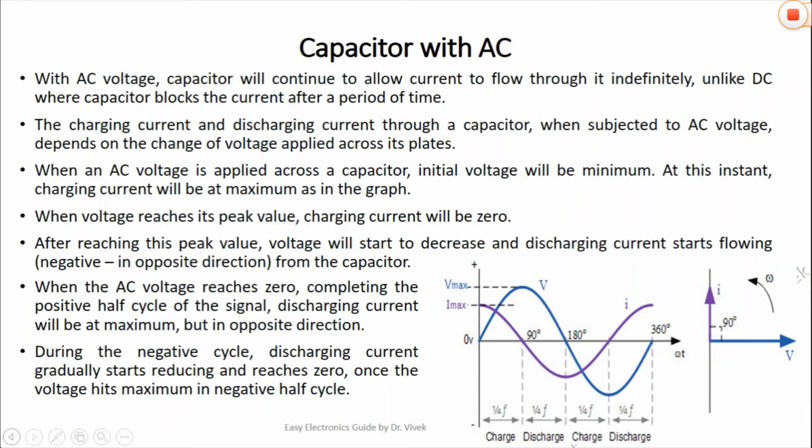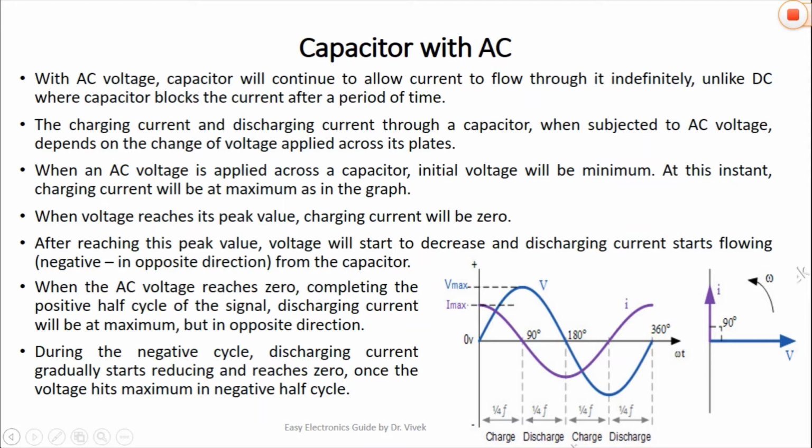With AC voltage, the capacitor will continue to allow current to flow through it indefinitely, unlike DC, where the capacitor blocks the current after a period of time. When an AC voltage is applied across a capacitor, initial voltage will be minimum. At this instant, charging current will be at maximum.